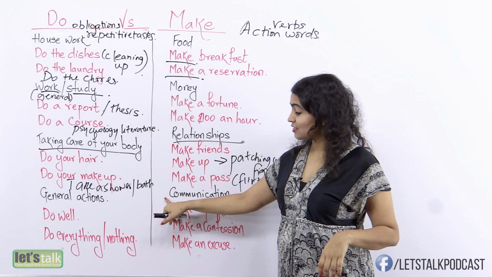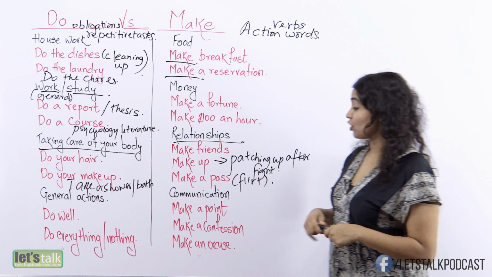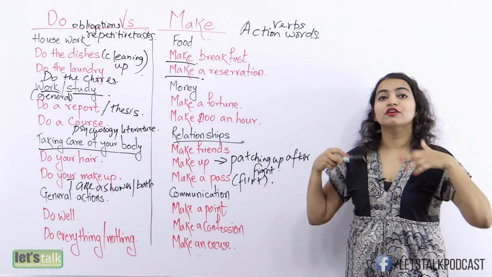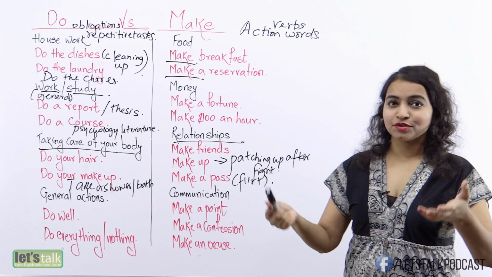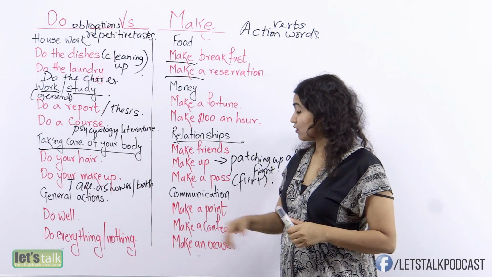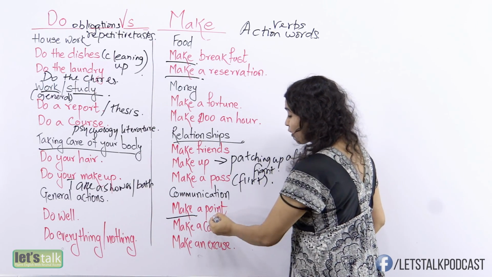And the next category, or the last category, of using the word make is when you're talking about communication in general. Communicating is nothing but giving information to people around you, right? It could be in various ways. So we have an expression like this wherein you make a point.